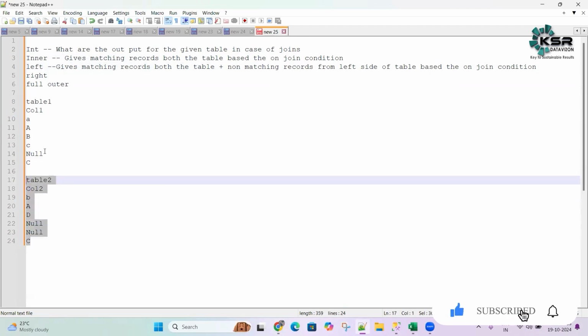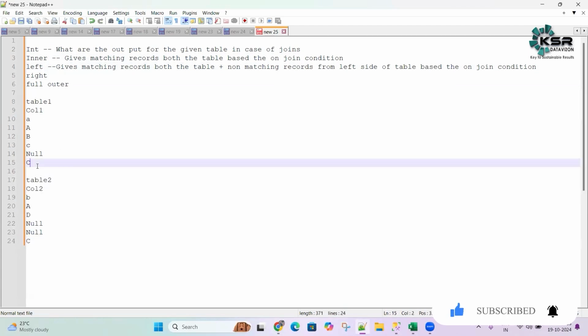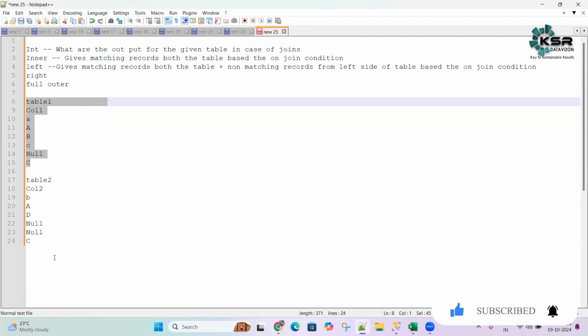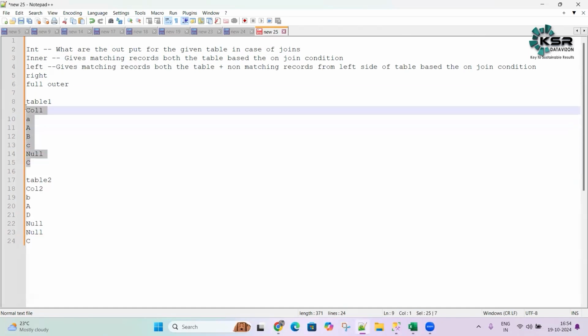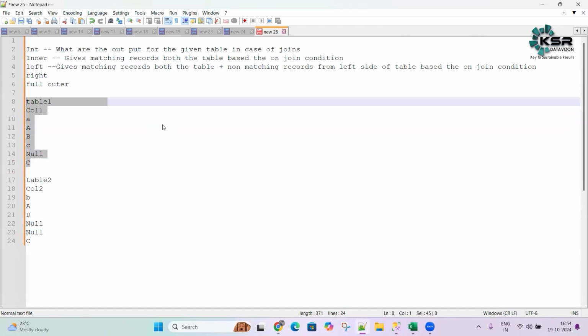Let's consider this as the table at the left side, and this is the table on the right side. First it matches all the records and gives all the matching records from both the tables, again based on the join condition. And the records which are not matching from the left side of the join, it gives those non-matching records.